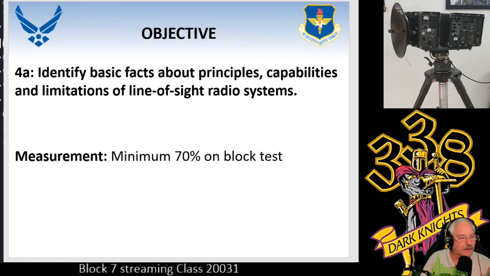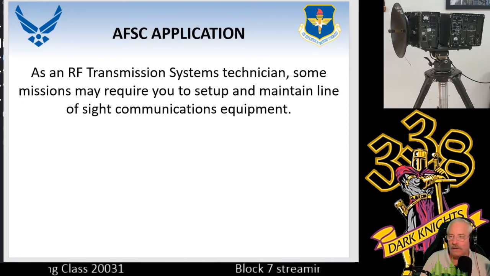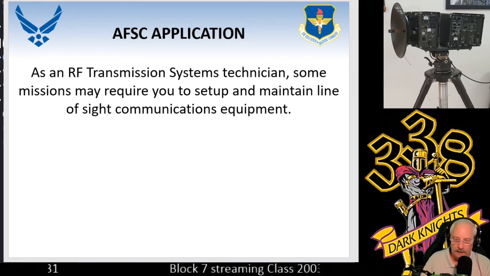All right, so let's look at identifying basic facts and principles, capabilities, and limitations of a line of sight radio system. This is a little bit different than our block 4. Line of sight in block 4 was that obstructions could impede your signal, and we always talked about omnidirectional antennas or bidirectional antennas.